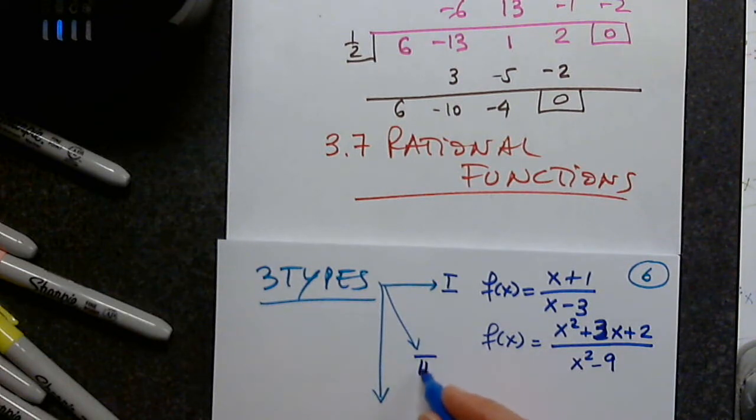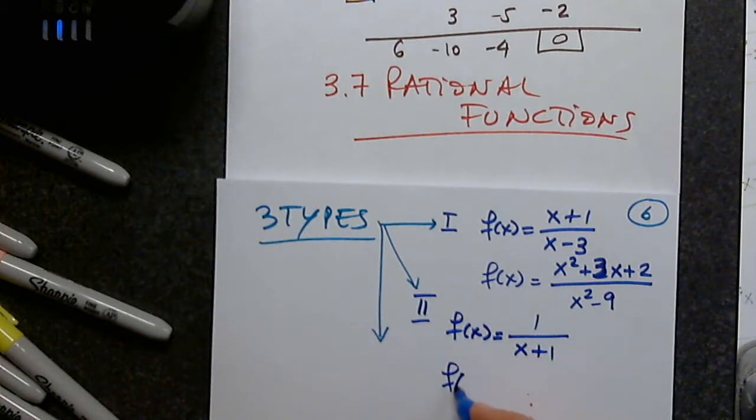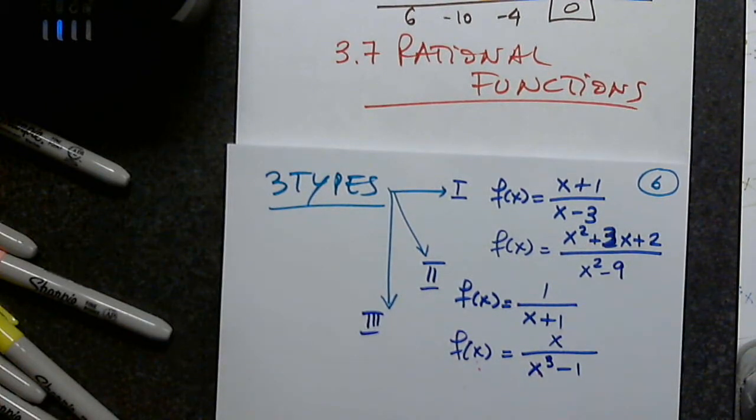Then I'm going to give an example of type 2, and another example of type 2. And then an example of type 3.